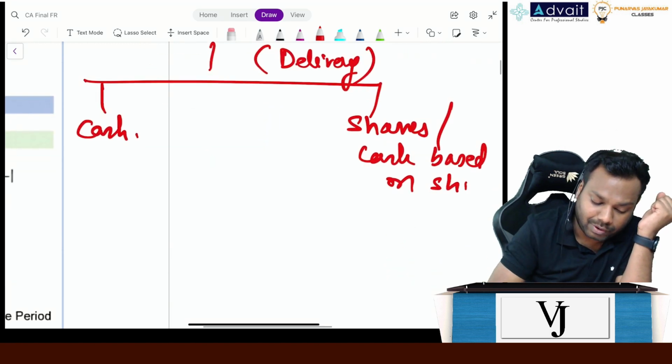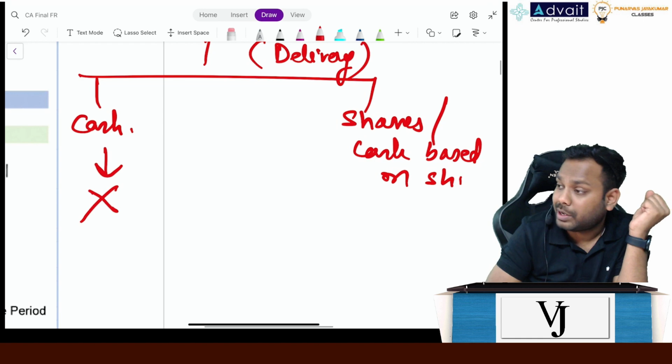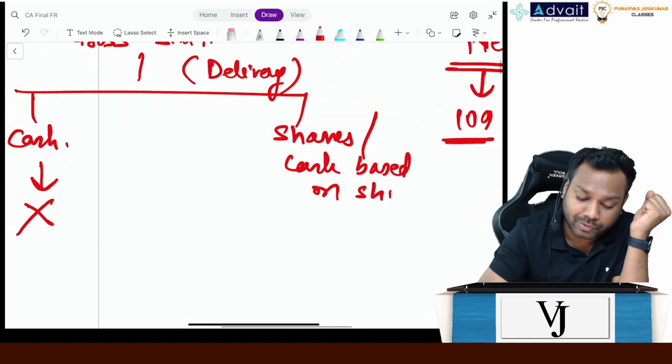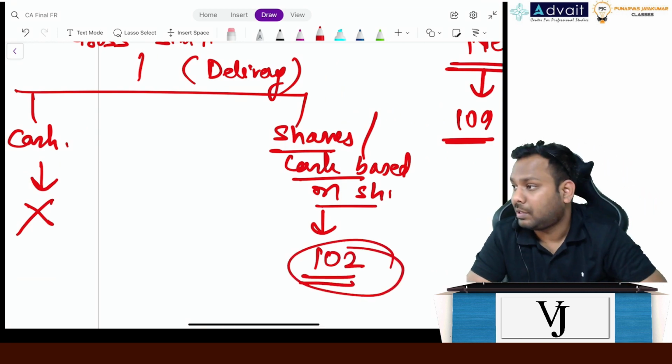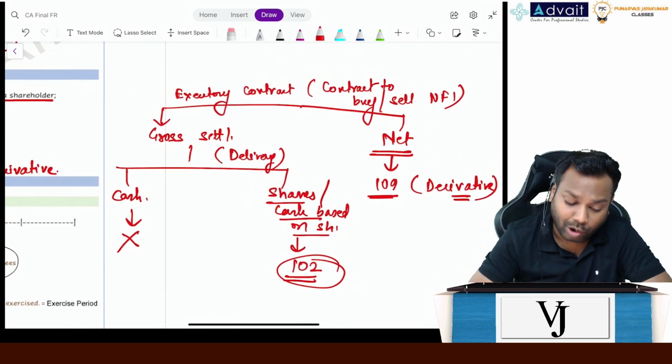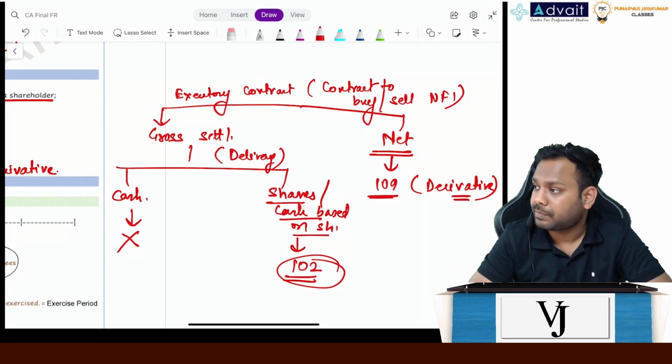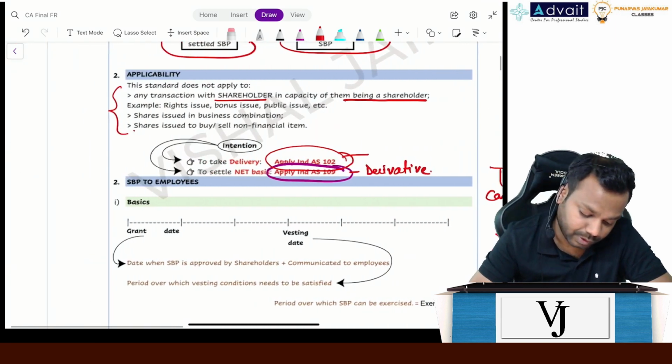If we are settling in the form of cash, that transaction is also not covered here. But if you are settling in the form of shares or cash based on shares, that transaction is covered under Ind AS 102, share based payments. Is it clear? Now, can you see the holistic view of executory contracts? Makes sense.